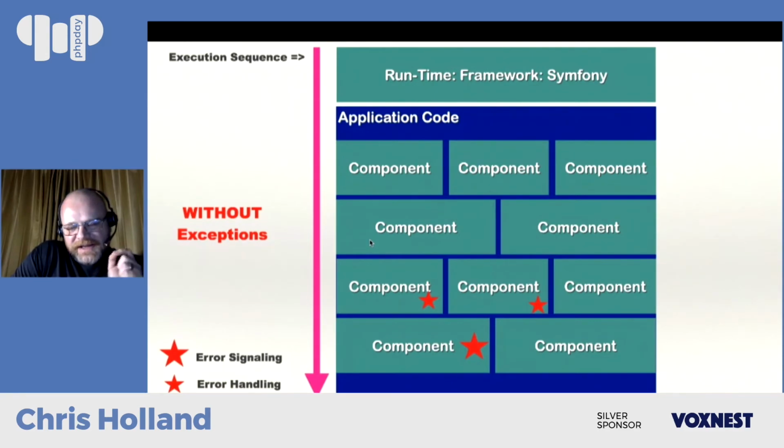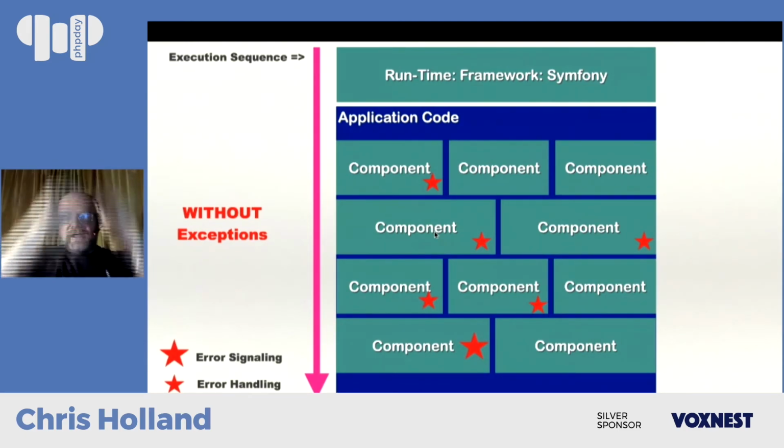Because their behavior changed, the components above them, which use these two components, are also going to change their behavior. And because those change, the components above them also have to change their behavior. Pretty quickly, you can see that without exceptions, an error happening at the bottom of the stack must be handled at every layer above it.